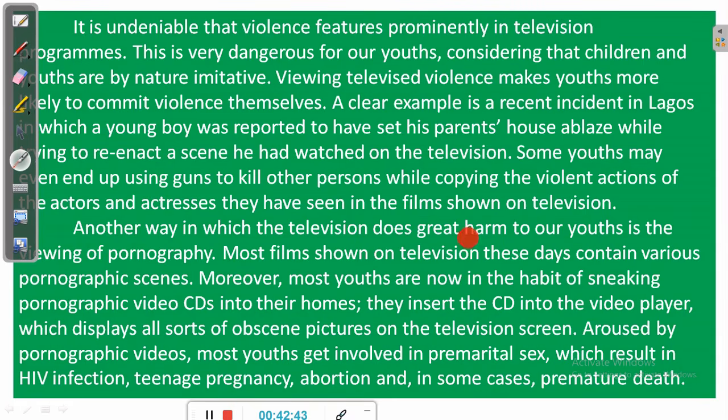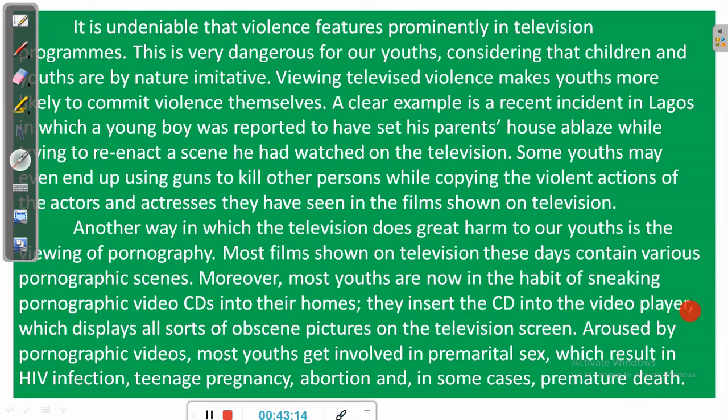Another way in which the television does great harm to our youths is the viewing of pornography. That's point number 2. Most films shown on television these days contain various pornographic scenes. Moreover, most youths are now in the habit of sneaking pornographic video CDs into their homes.